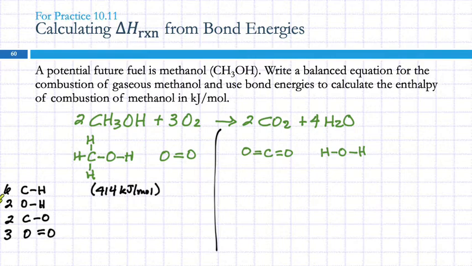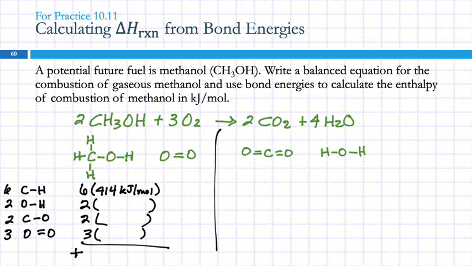And there's 6 of them, so it's 6 times that. There's 2 of these, so 2 times the bond energy for that one. 2 times the bond energy for this one, 3 times the bond energy for that one. You add those all up. Those are breaking the bonds. This is going to be positive.